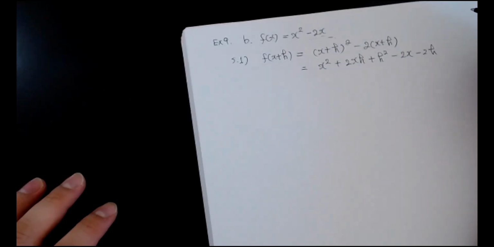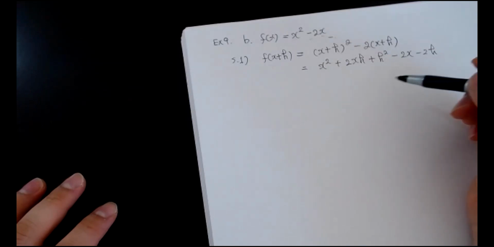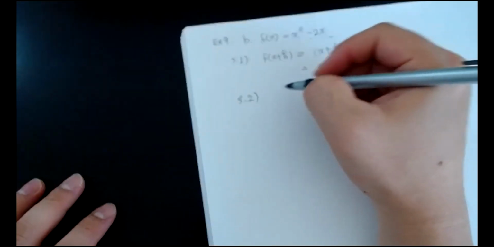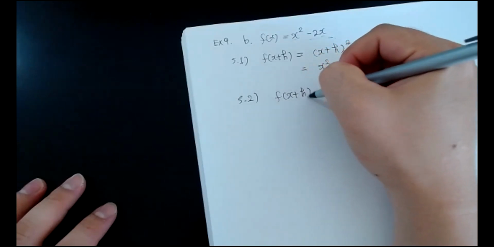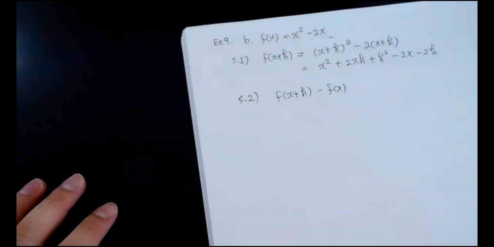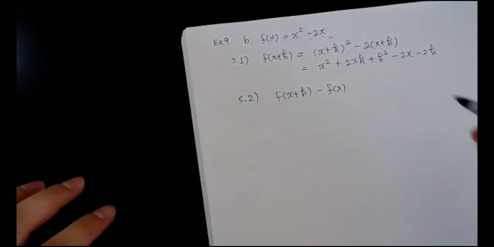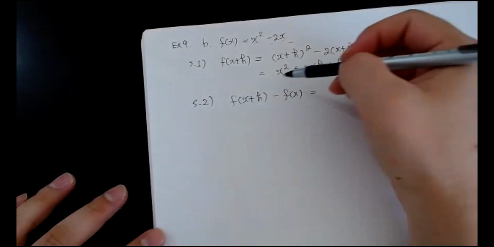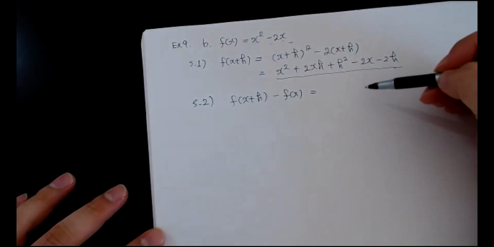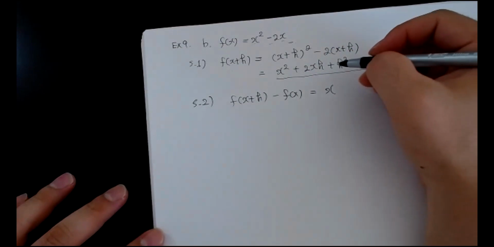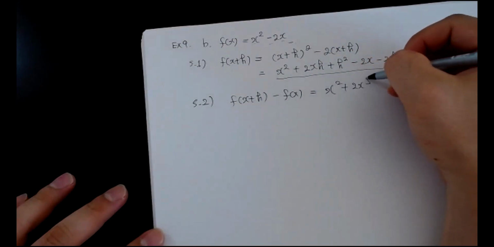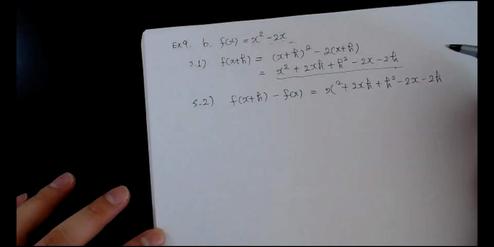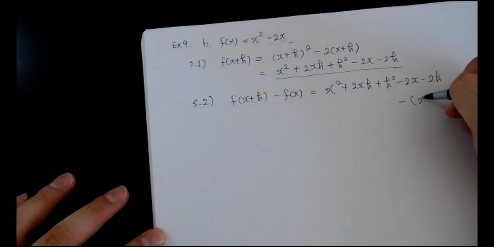You may simplify this, but let me leave it because eventually, in step 2, we're going to simplify f of x plus h minus f of x. So we simply do algebra. Copy this down: f of x plus h is x squared plus 2xh plus h squared minus 2x minus 2h. Minus f of x, which is x squared minus 2x.